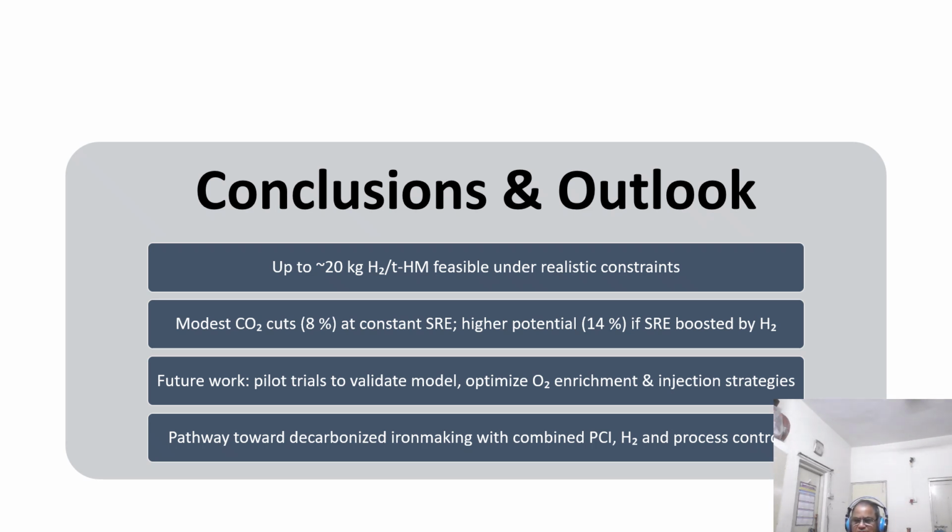At constant SRE, you gain an 8% cut in CO2. With improved reduction efficiency, saving rises to 14%. Further benefit demands a pilot trial to validate model predictions and optimize oxygen enrichment and injection strategy.